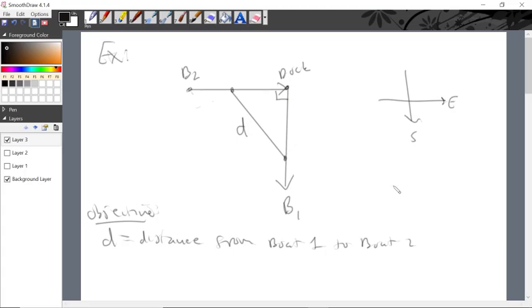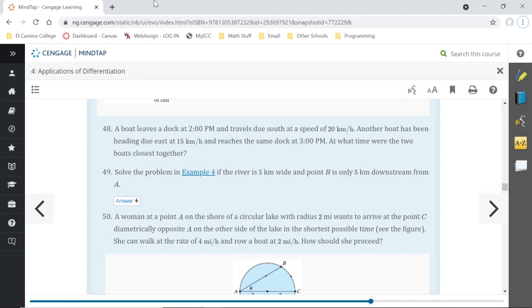And then we were also told the velocities. We were told that boat 1 was traveling south at 20 kilometers per hour, and boat 2 was traveling east at 15 kilometers per hour. Another boat has been heading due east at 15 kilometers per hour and reaches the same dock at 3 p.m. So it has been heading east.